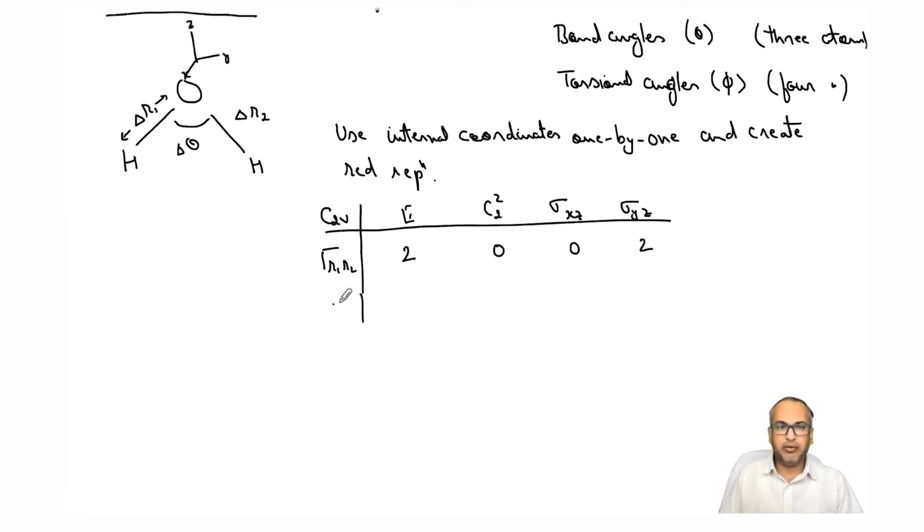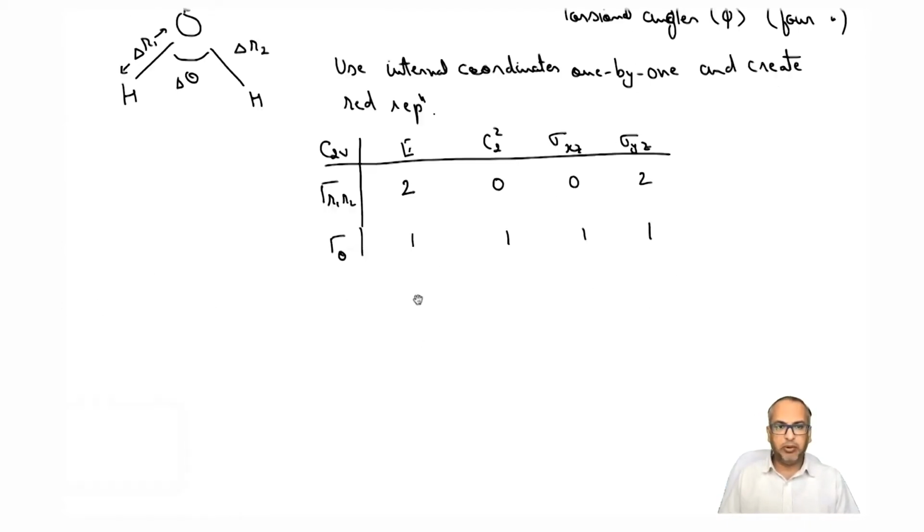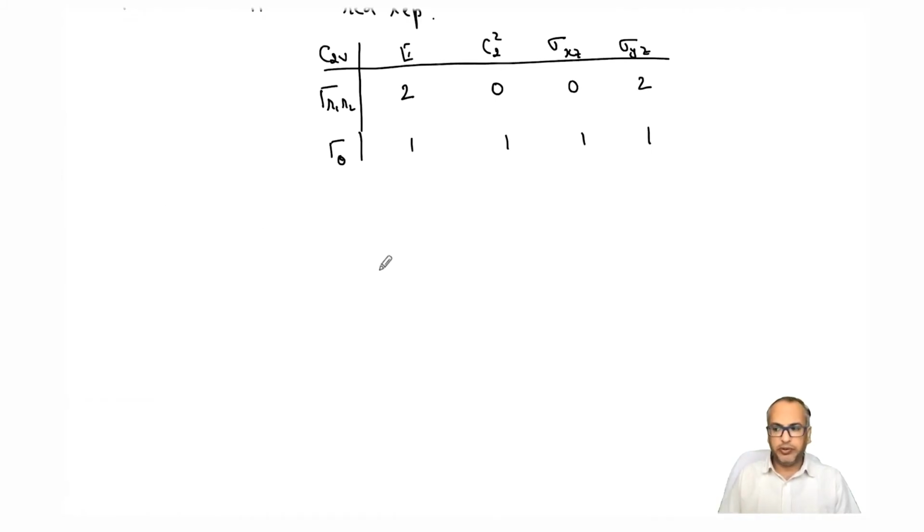Similarly, we can create one for tau theta, the reducible representation using delta theta as the basis. Nothing will change for this angle, right? This will be 1 1 1 1. Now this reducible representation can be broken into its component irreducible representations, so we can say R1 R2 is equal to A1 plus B1 using the reduction formula.